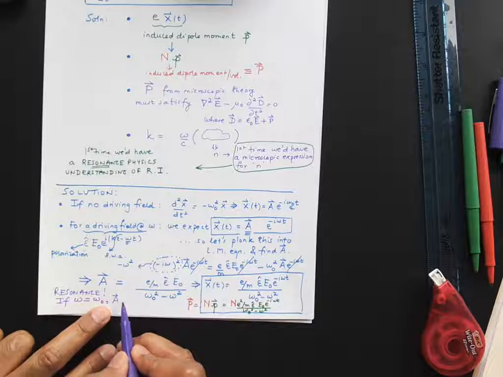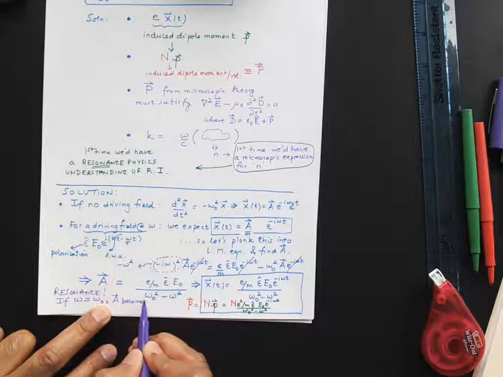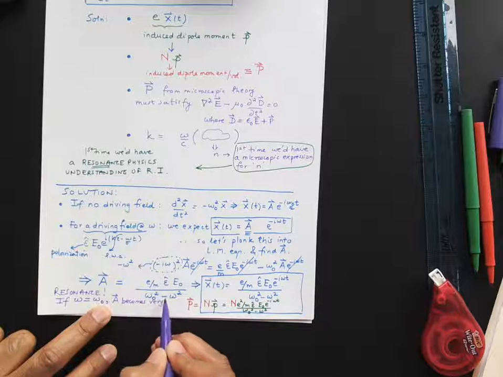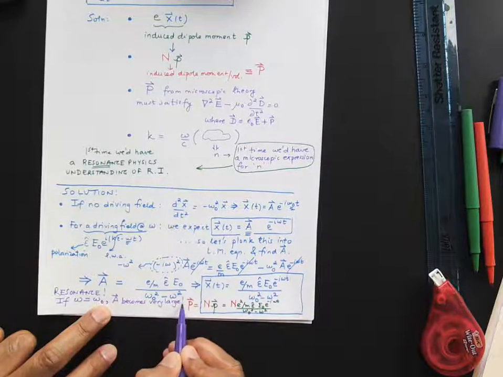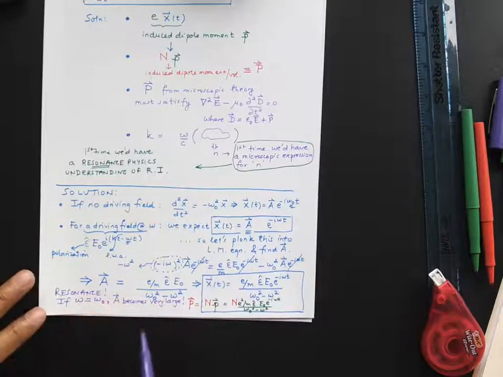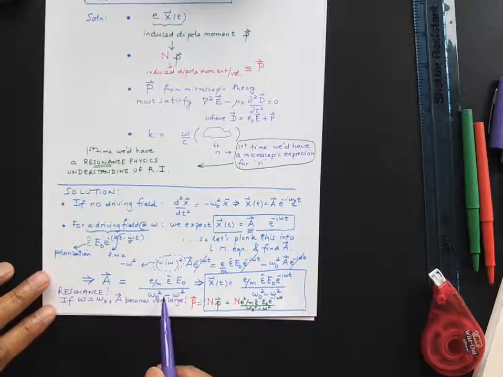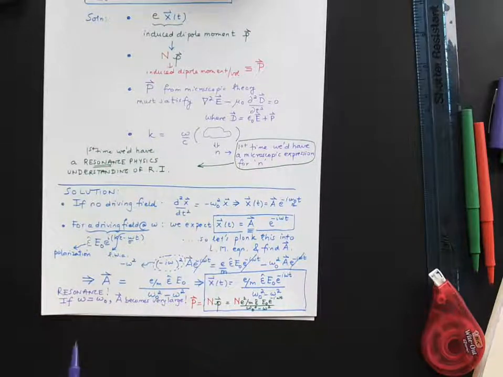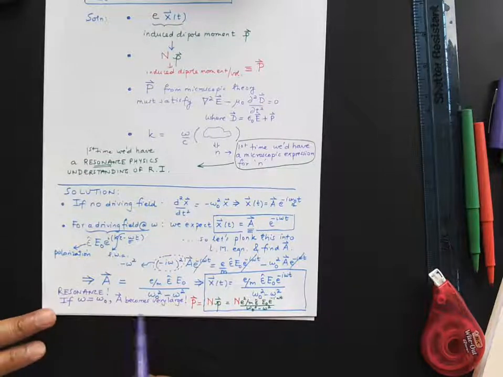It becomes very large. In fact, in this model right now, it's blowing up, going to infinity. And that's a little unphysical, but it definitely does become very large.